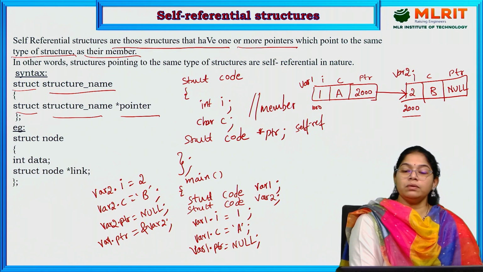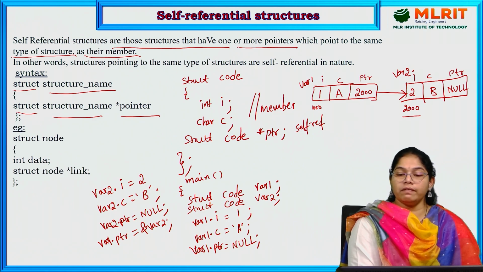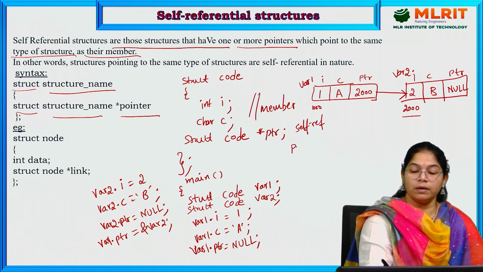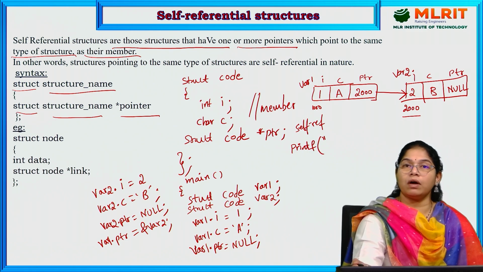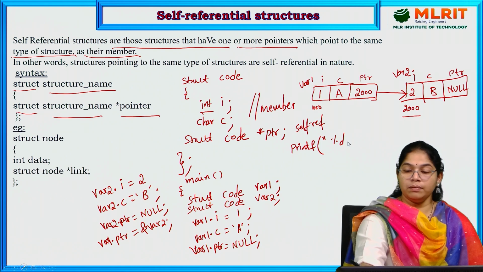So if I want to access the values of variable 2 using variable 1, we can do that. Because it is a pointer, the access operator will be an arrow. To print the values, we use a function called printf. I want to print the values of variable 2, that is i. i is of type integer, so %d. Then c is of type character, so %c.